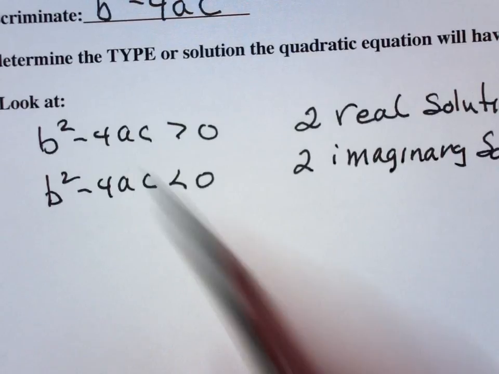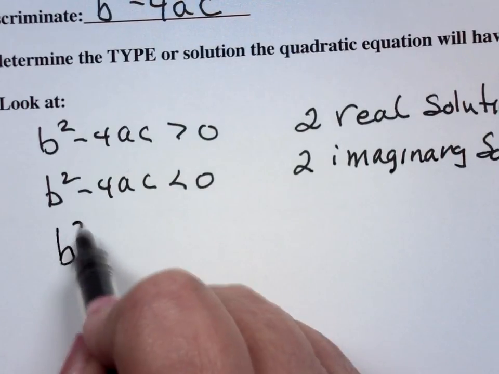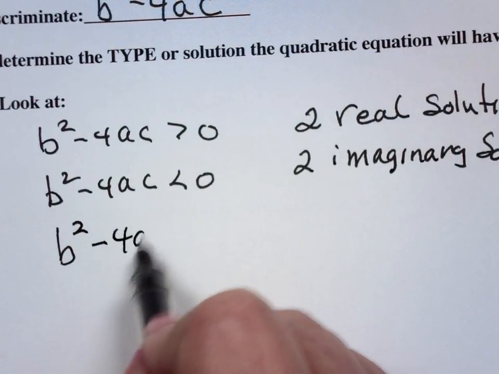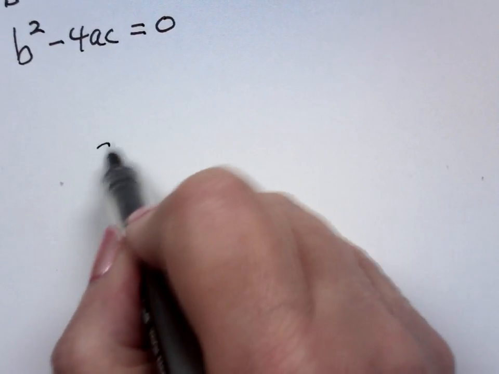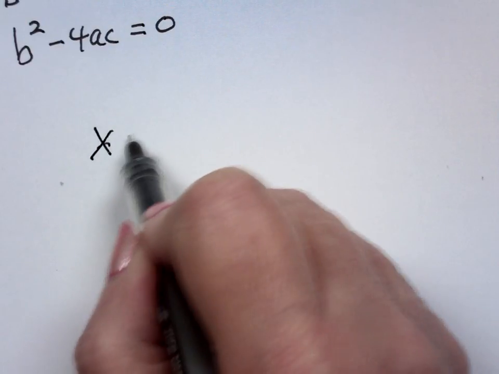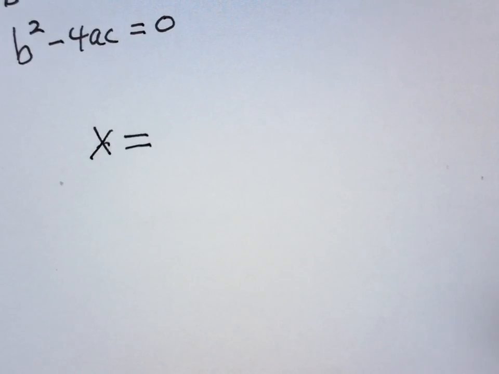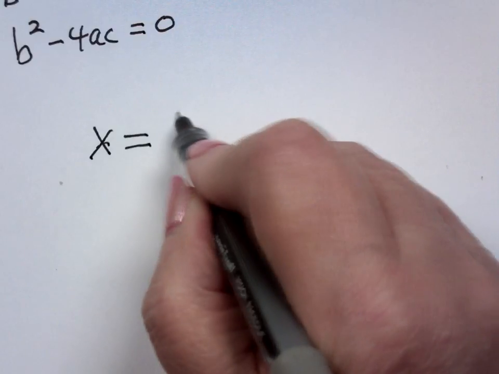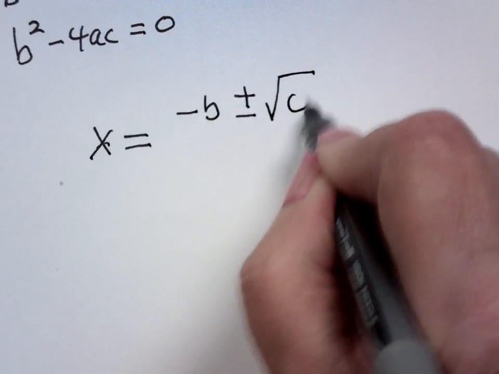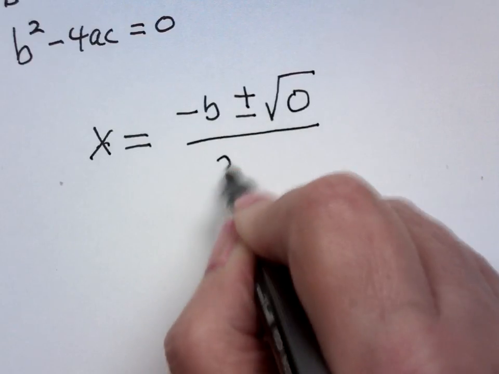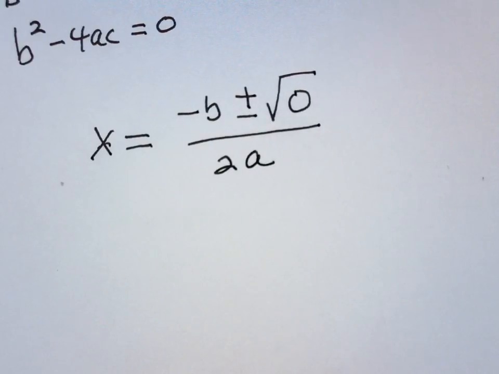Now the only thing that's left is this. What happens if b squared minus 4ac equals 0? Well, x equals minus b plus or minus what's under the radical, which is 0, all over 2 times a. What do you notice happens?